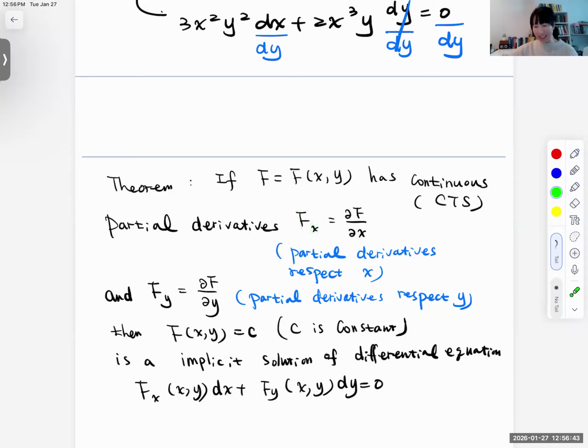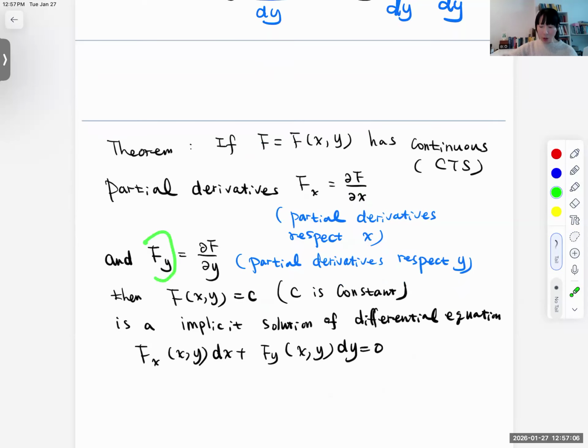Because this is a subscript, we read f sub x. The notation is df over dx: looking at the function f, we take the derivative with respect to x. And we have f sub y, which means the partial derivative with respect to y. We denote this notation as well.